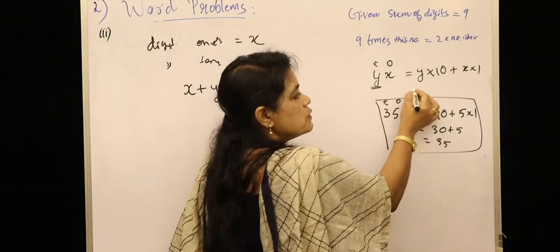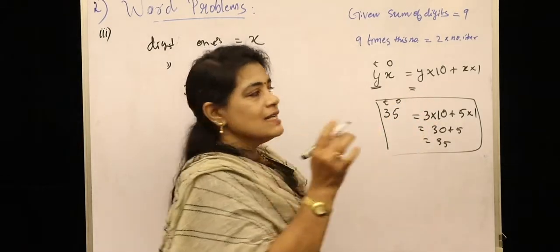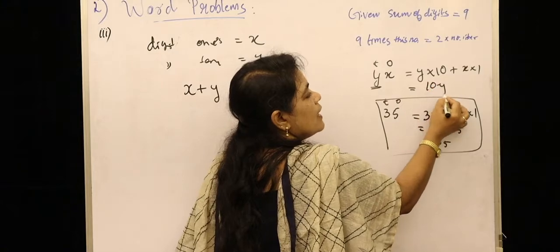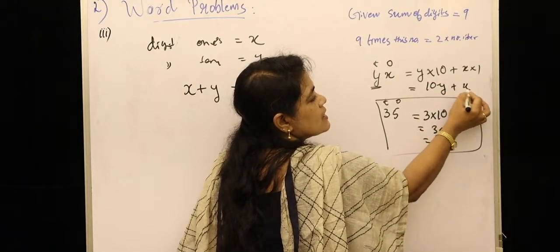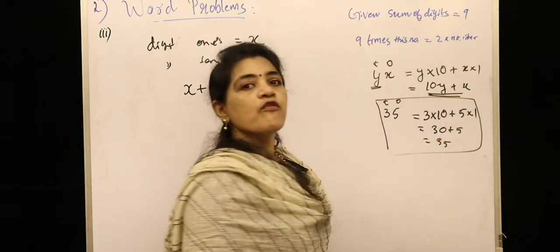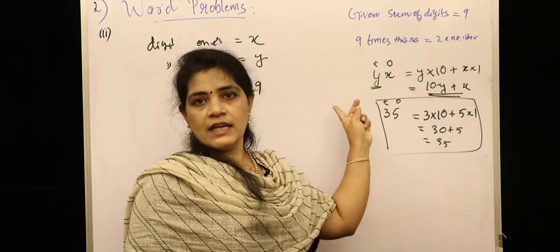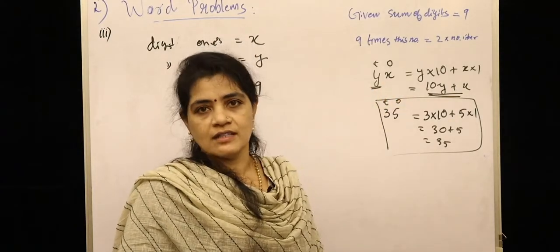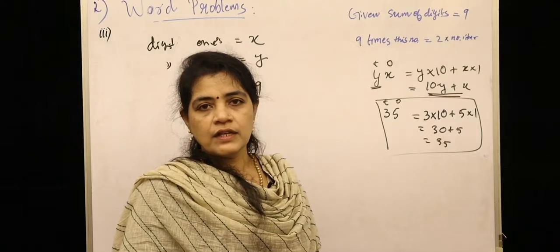So it will reduce to y into 10 is 10y, plus x into 1 is x. So this is the number formed by the digits y in the tens place and x in the ones place. That point is clear?